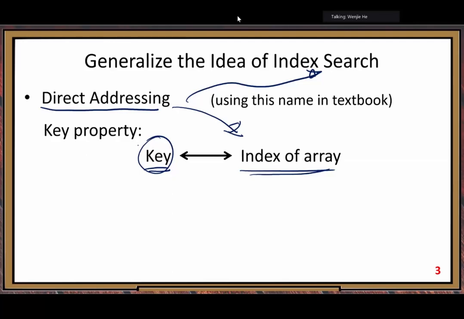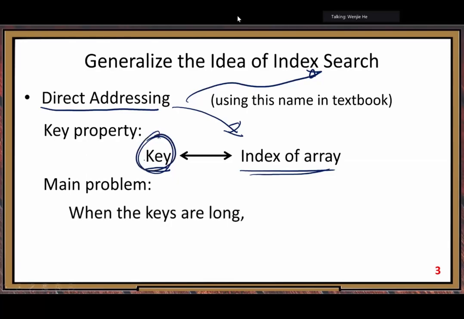But this property has a big problem. You need to look at this key, because in real-world applications, many times the keys are quite long. Usually, the keys are very long.